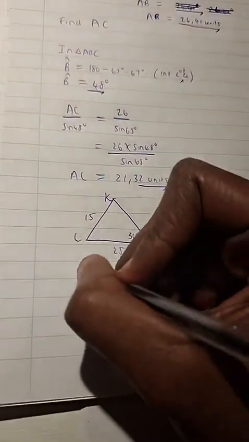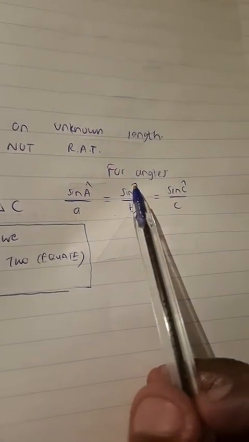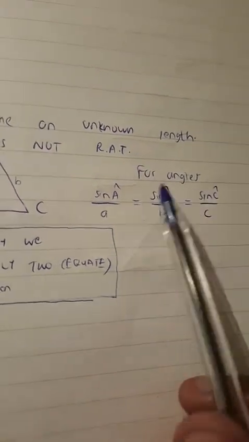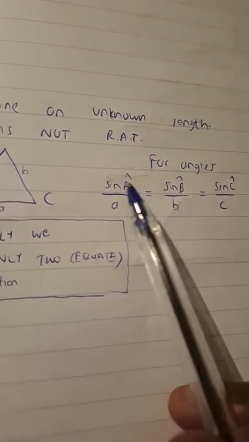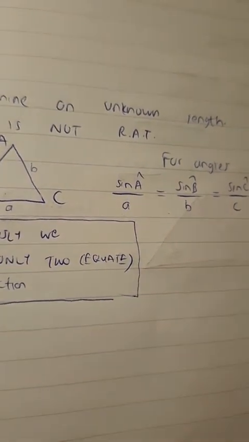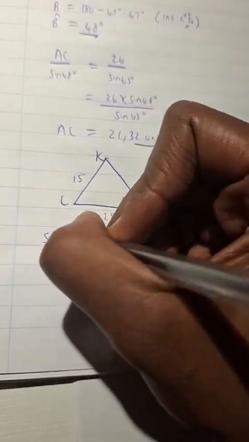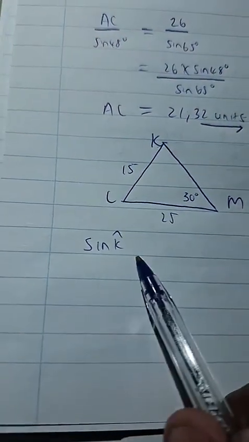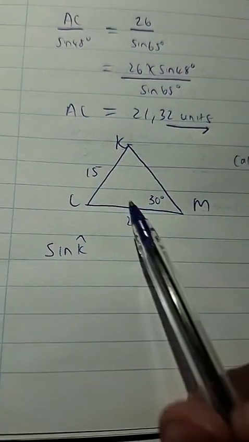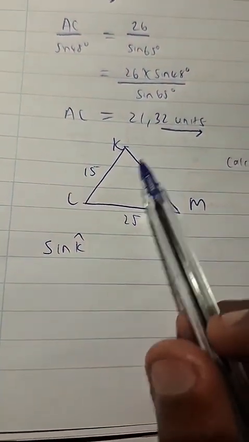So I want angle K. And since I want angle K this time round, I'm going to use the formula of sine, but for angles, which means in my numerator, I'm going to write sine of that specific angle at the top, at the left, so that it can help me solve for angle K. So I'm going to say sine of angle K. You see in the numerator, I'm no longer starting with the sides, but I'm starting with the sine of the angle.